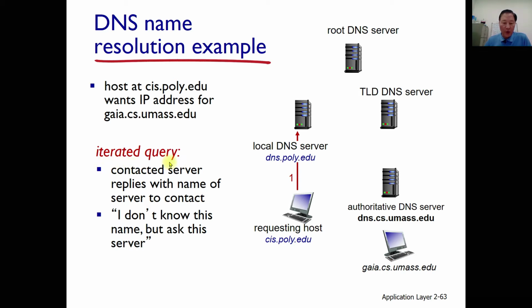This is an iterated query. Let's follow this sequence number. The contacted server replies with the name of the server to contact: I don't know this name, but ask this server. If it doesn't have any information about that, it first contacts the root DNS server, which provides some information about .edu.